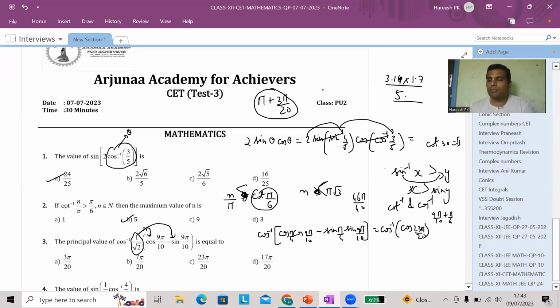Now pi plus 3 pi by 20 means greater than pi. How do I bring it to an angle less than pi? Instead of writing 180 plus theta, we know that cos of 180 plus theta is same as cos of 180 minus theta. So just replace pi plus 3 pi by 20 with pi minus 3 pi by 20. So you'll end up getting answer as 17 pi by 20. That's also a straightforward one.